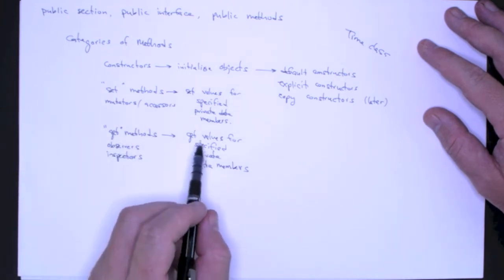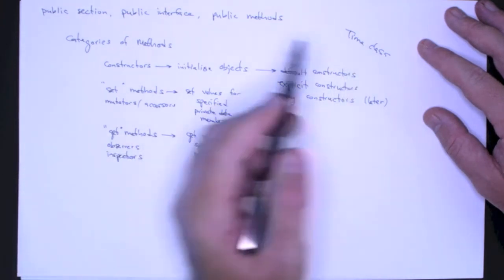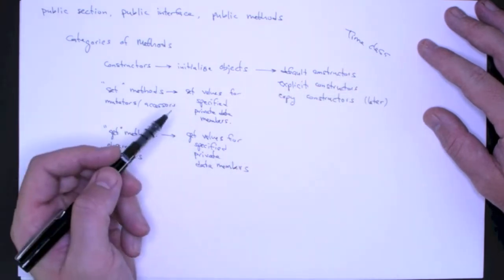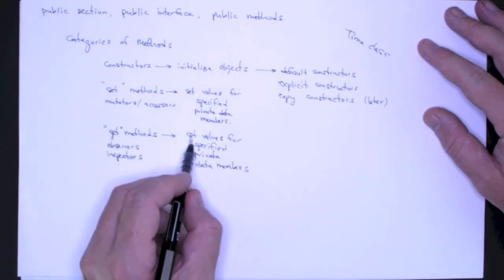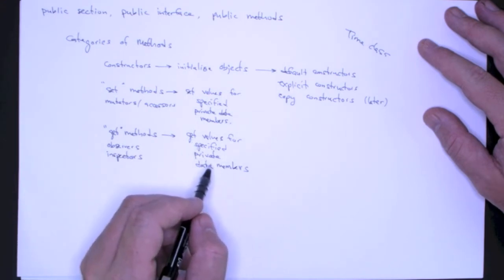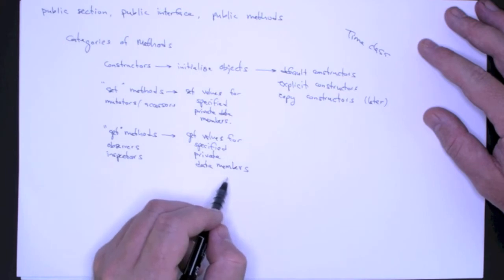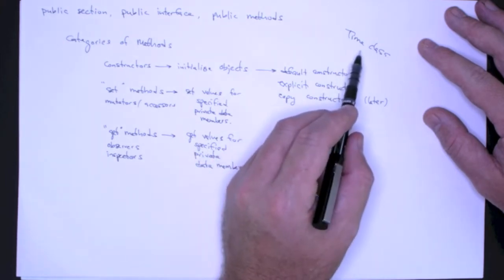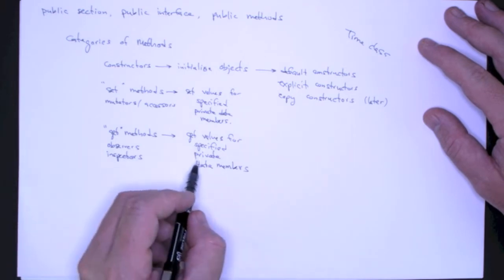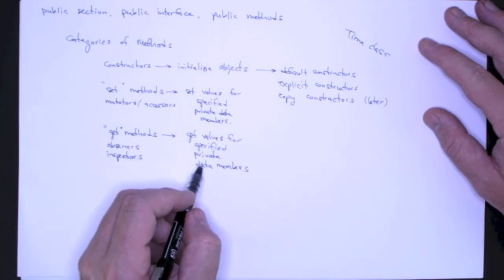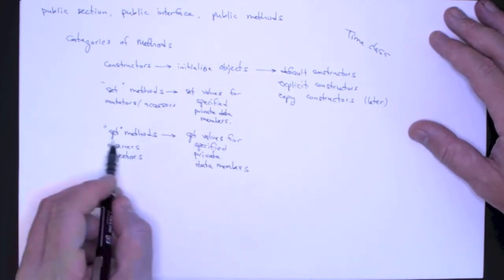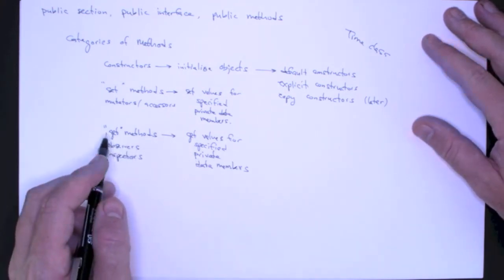We'll be talking about a time object, but the get methods will let us access the constituent parts, the individual private data members. So sometimes we'll want to talk about the time object itself. At other times, we'll want to just deal with the hour of the time object or the minute of the time object, and get methods let us do that.